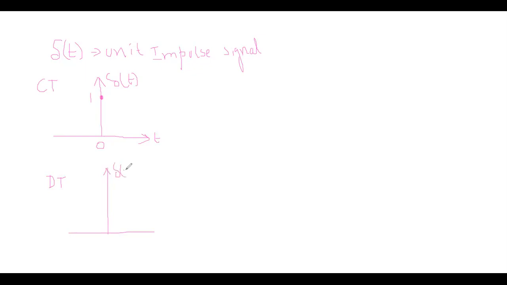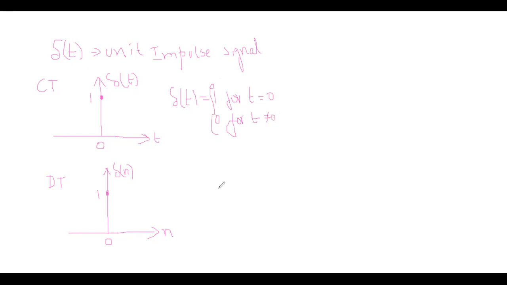Delta of n, for n equal to 0, the value is 1. So delta of t is equal to 1 for t equal to 0 and 0 for t not equal to 0.